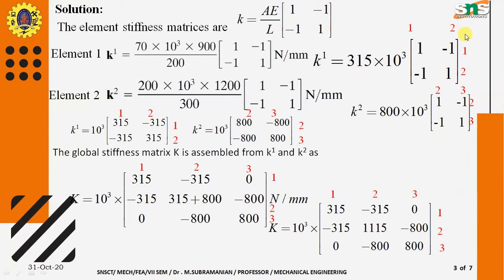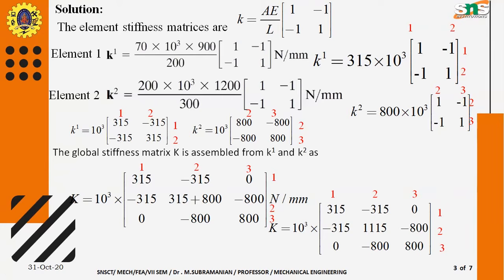After that we have to indicate the global nodal points. Element 1 has nodes 1 and 2. The global displacement numbers we have to indicate in the matrix columns and rows.